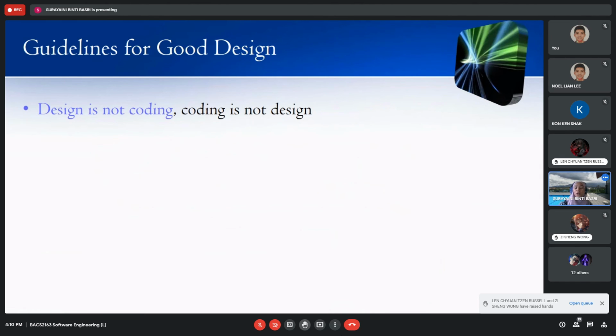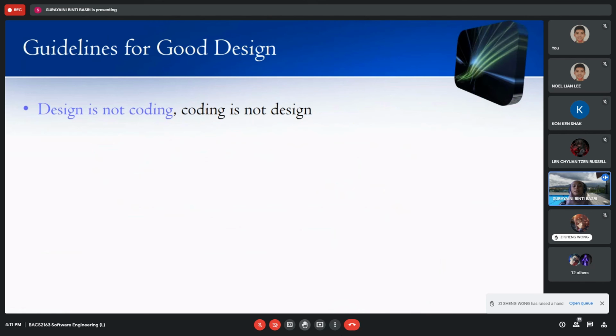Okay, so design is not coding, coding is not design. That means when you do design, don't think about the code first, because the design should focus on the logical way of how the system should operate or behave.